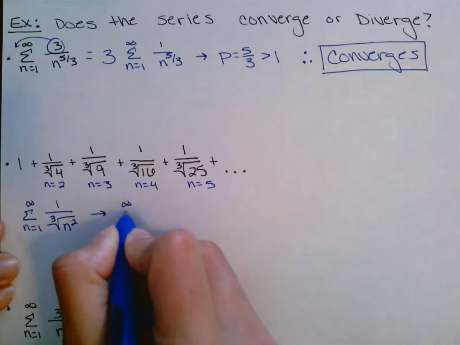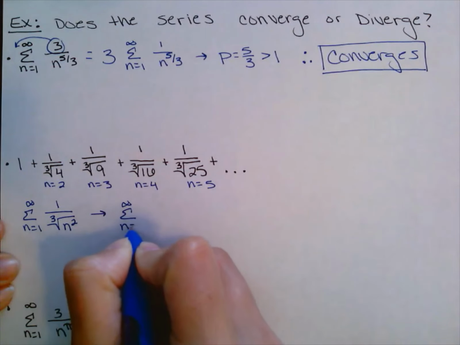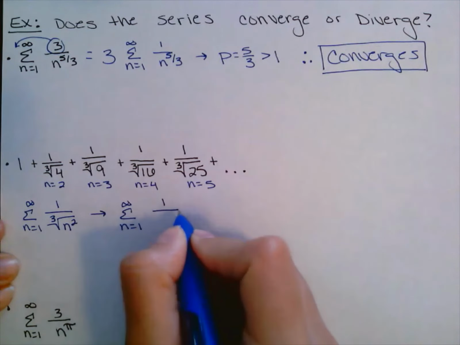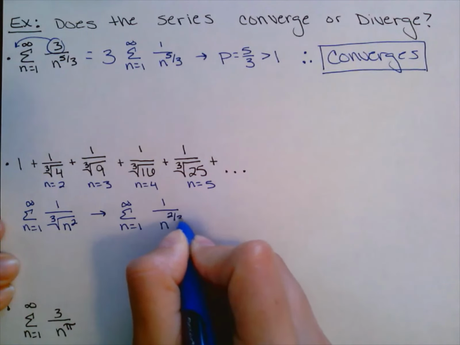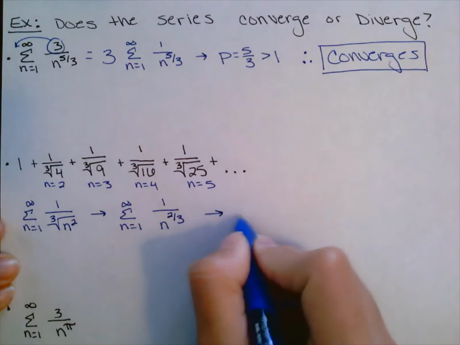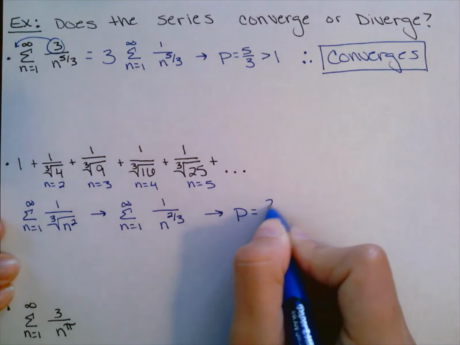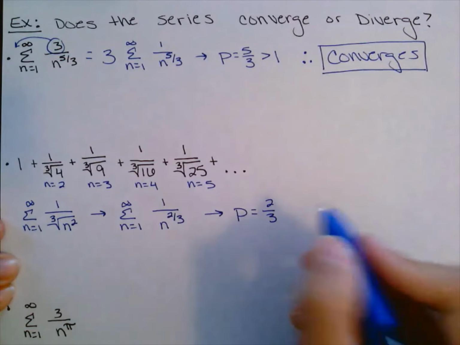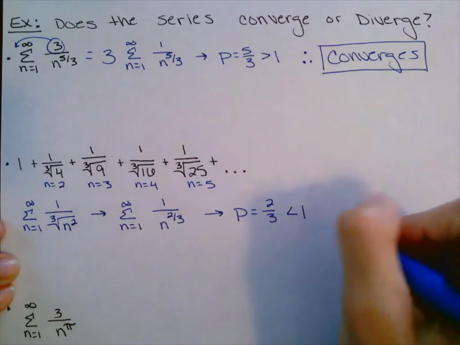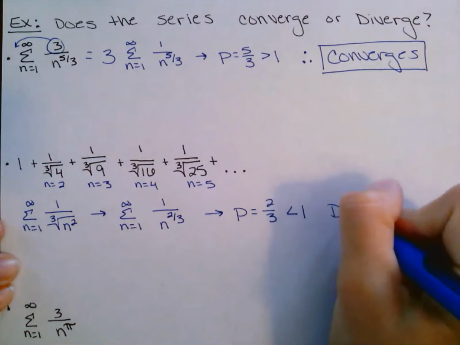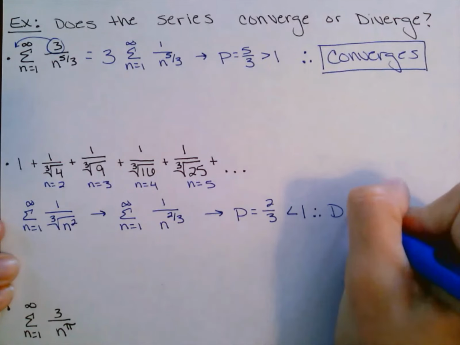So I can say that this is the infinite series of 1 over n raised to 2 over 3. Therefore, my p is 2 over 3. And since 2 over 3 is less than 1, then this diverges. Put my little therefore sign, diverges.